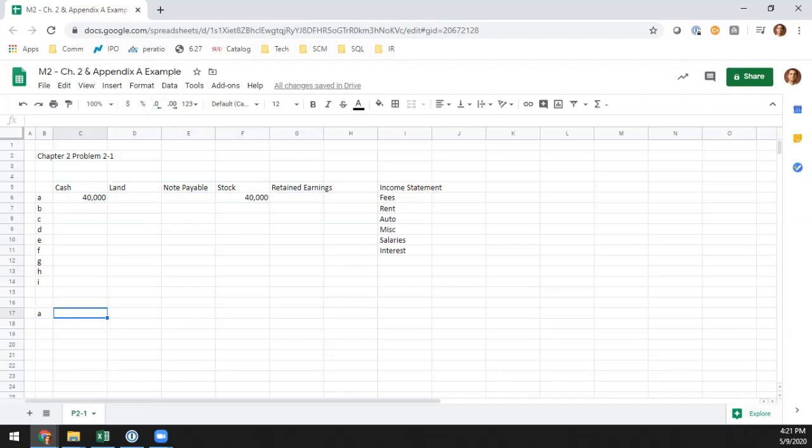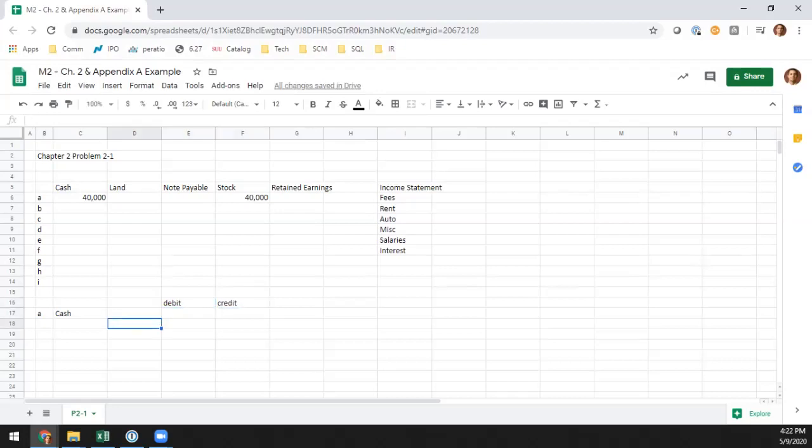We have a deposit of cash, so we increased cash. And if you look at your debit credit helper, you'll see that an increase to cash is a debit. So let's do debit, credit.